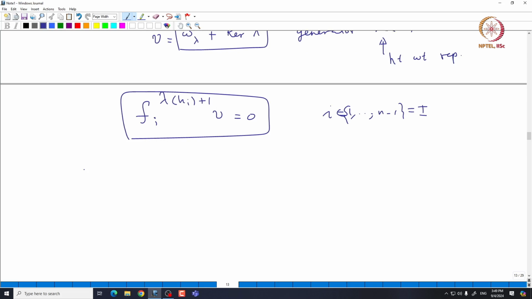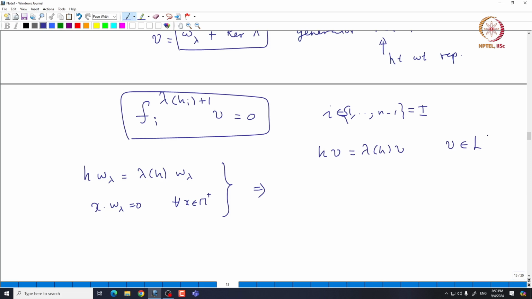Because w_lambda already satisfies the relations H w_lambda equals lambda of H times w_lambda, and X w_lambda is 0 for all X in n plus, this implies we have the following relations for v. H v is lambda of H times v, so v lies inside the lambda weight space of L of lambda, and X v is 0 for all X in n plus.